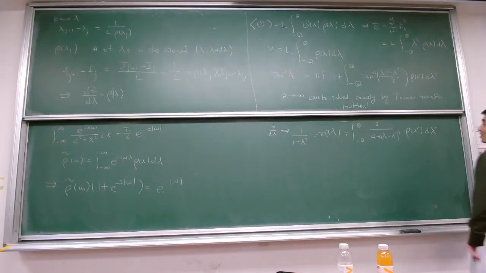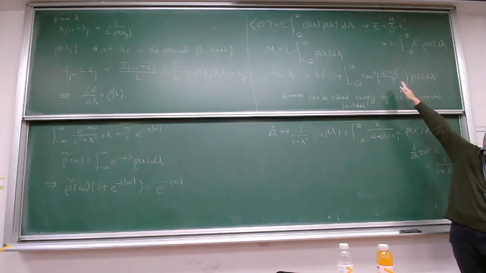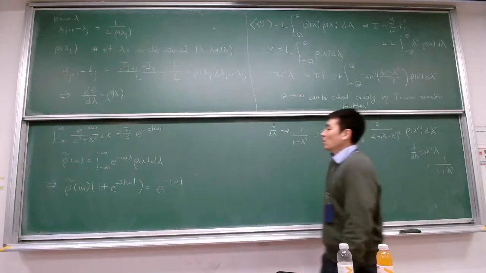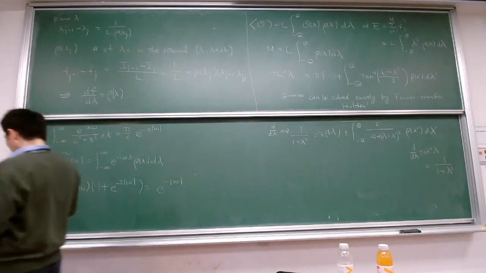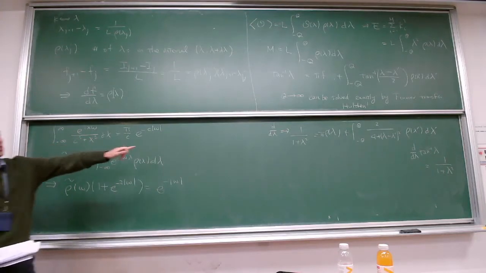Sorry, I think I made a mistake. Do you understand? The derivative of tangent inverse of lambda with respect to lambda should be equal to 1 over 1 plus lambda squared. If you use this relation, plug in and take the derivative, you get this. And now we can use the Fourier transformation for this equation.